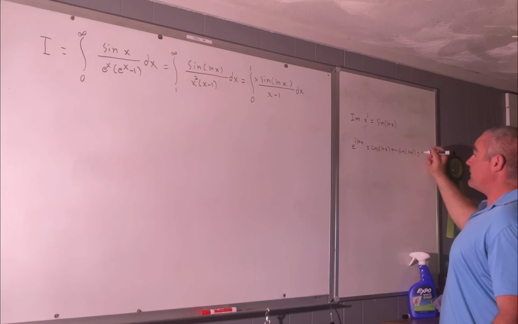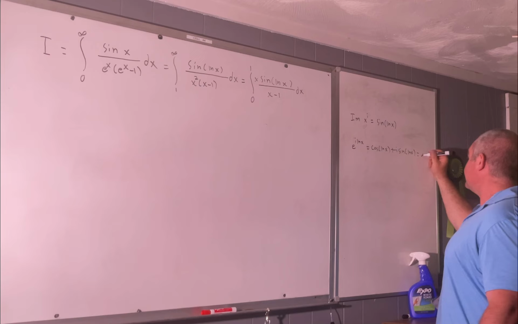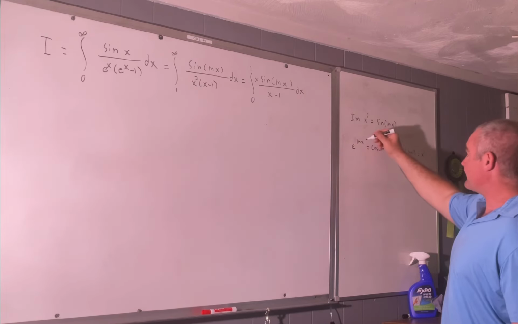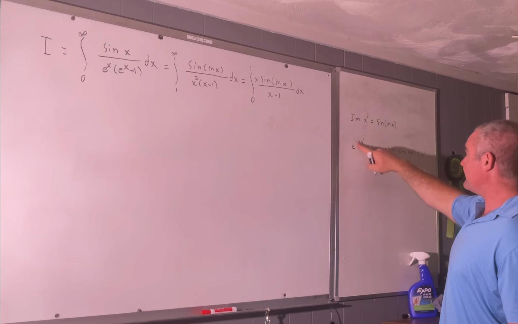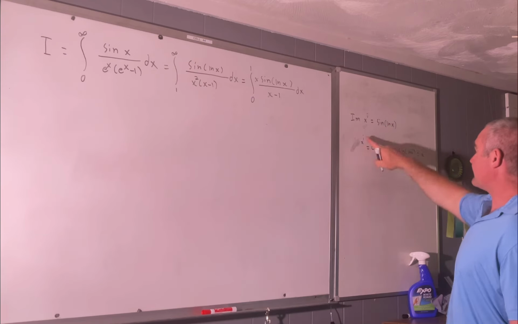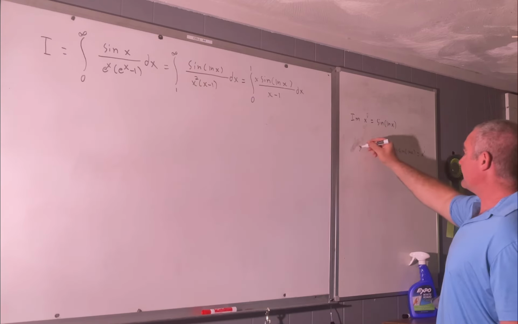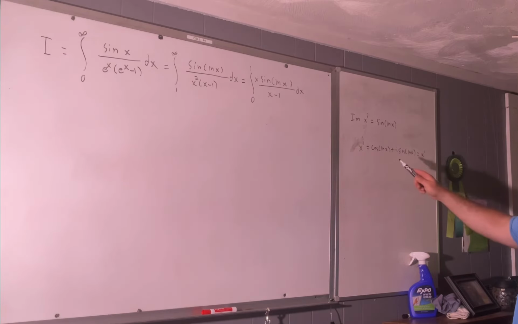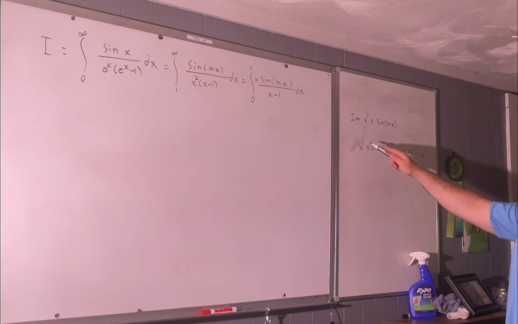But it's also equal to x to the i. Using the properties of logarithms, we can bring this in as an exponent on x, and then use the e to cancel out the natural log, giving us x to the i. And then if we take the imaginary part of all these, we'll see that the imaginary part of x to the i is equal to the imaginary part of this thing, which is just sine natural log x.